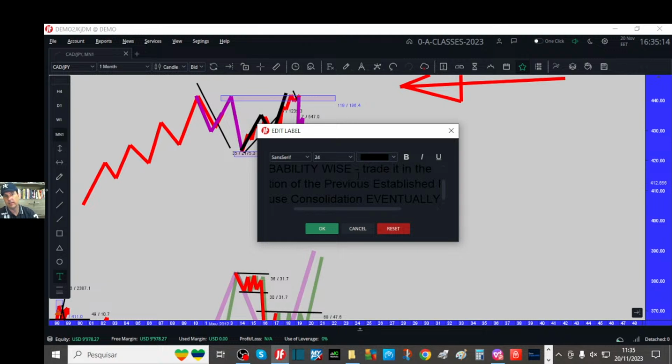Because we don't know when, eventually is going to end, and the market is going to continue its own way.